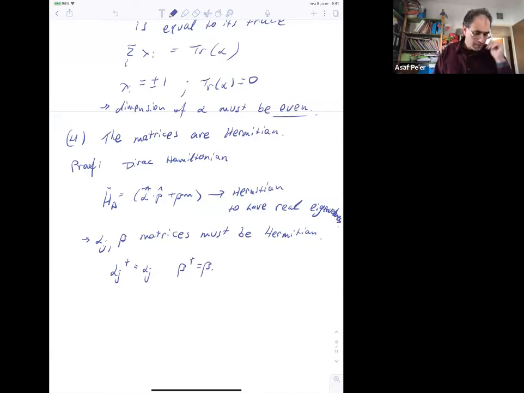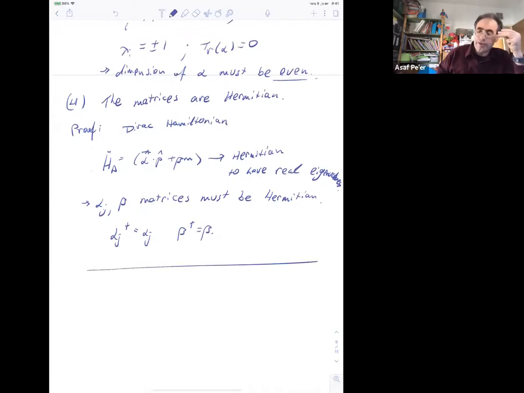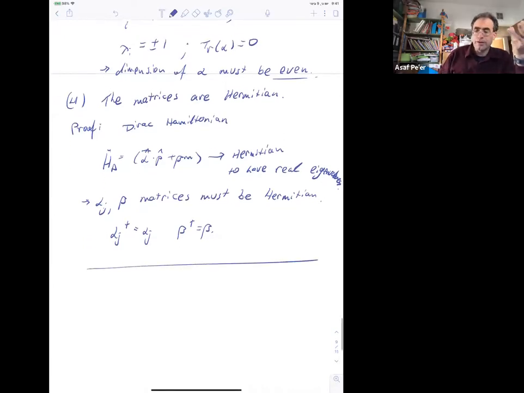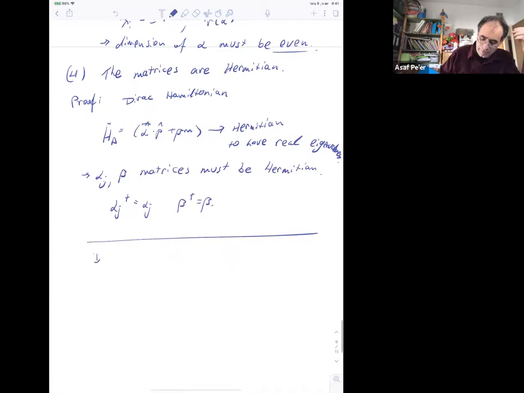Okay. So we have 4 properties of the matrices alpha_j and beta, each one individually. They are anti-commuting, they're traceless, and they have even dimension. Now it's really simple. In 2 dimensions, there are only 3 independent matrices that mutually anti-commute, are traceless, and obey all these properties.